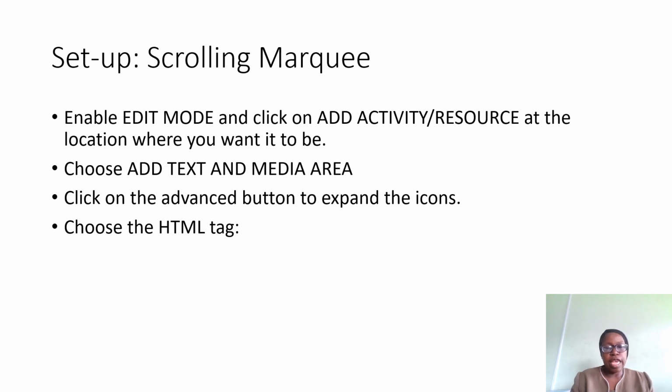Choose the HTML tag and then you copy and paste a customized template of an HTML tag into the box. That tag will be shared in the Word file that I have put also on the platform. So you can copy it, modify it, and then you can use it as you want.